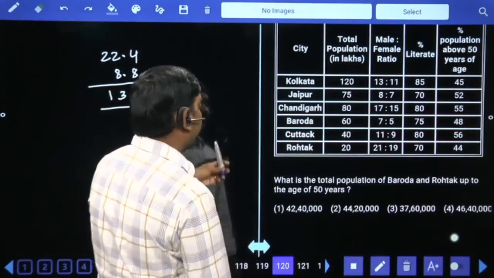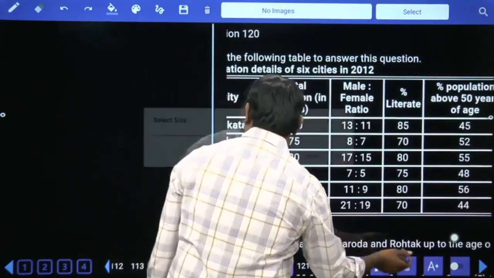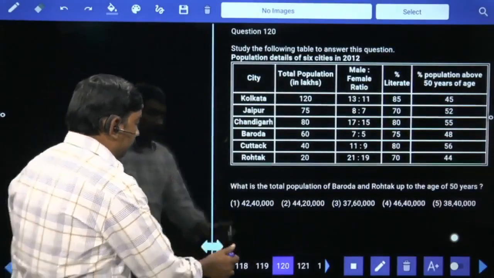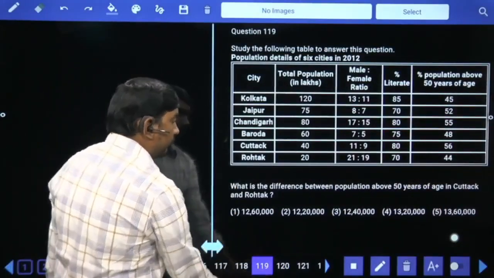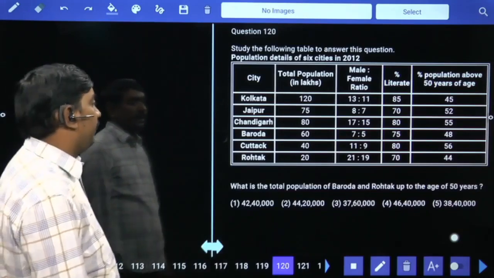Next. What is the total population of Baroda and Rohtak up to the age of 50 years?